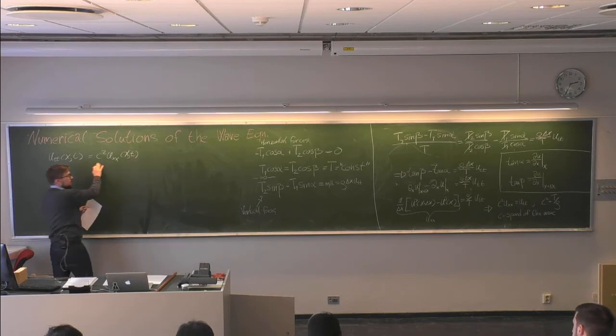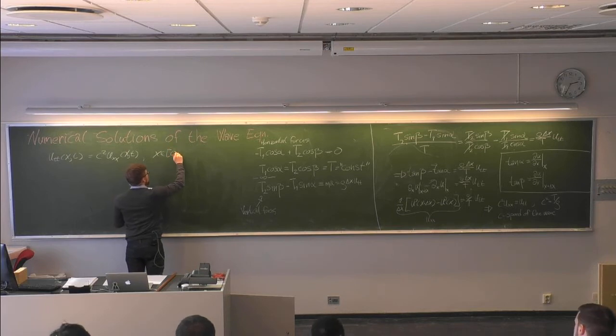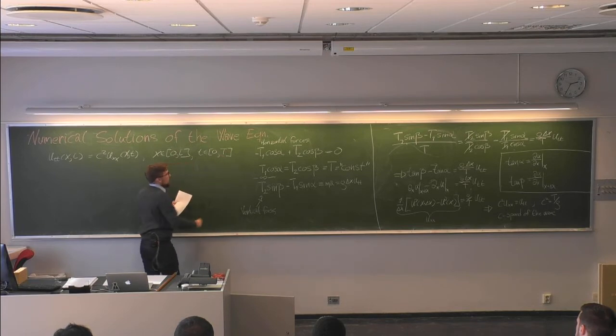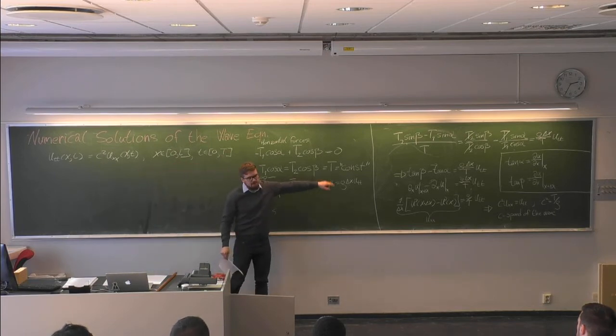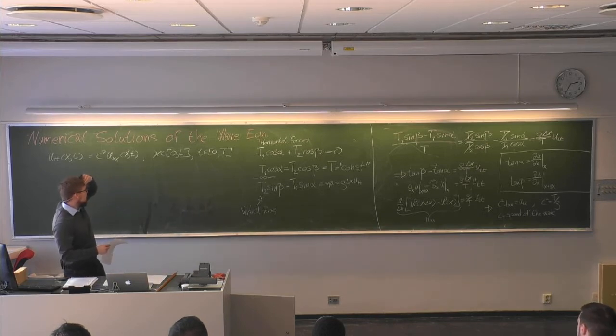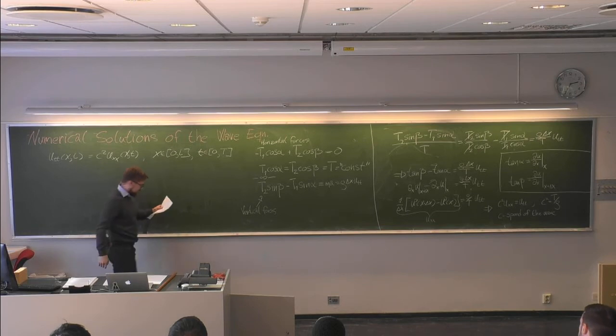So this is our partial differential equation. x will be from 0 to the length of our string, L, and t will go from 0 to the end time big T. So this T is the same as this T. I could have just picked a different constant. I first had tau, but that's a truncation error. Let's just say that the time t goes from 0 to big T.